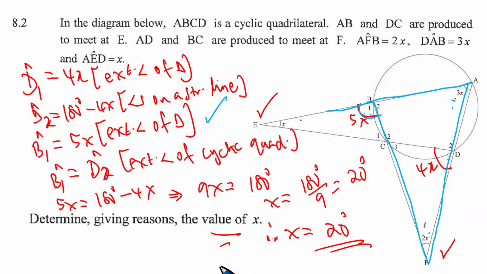You agree? Yes, sir. Okay, good. After obtaining that the angle B1 is equal to D2, the exterior angle of a cyclic quad, and D2 is 180 degrees minus 4x, you can just say 5x is 180 minus 4x, and we solve for x there. And we've got the answer.